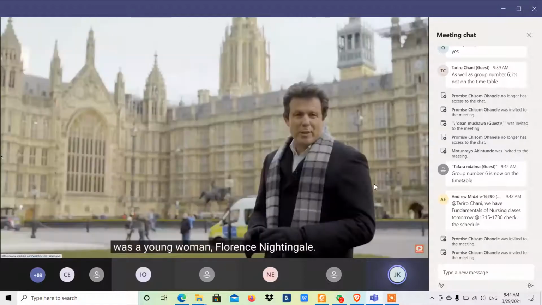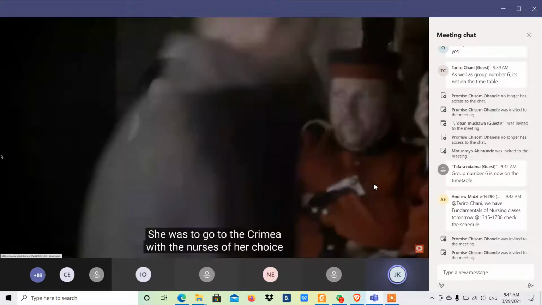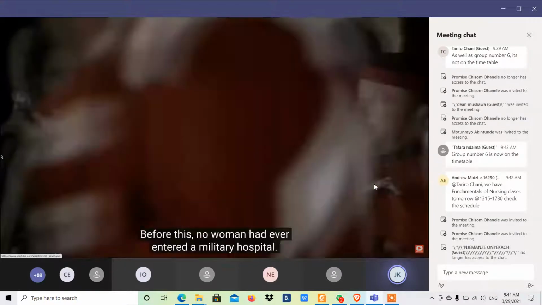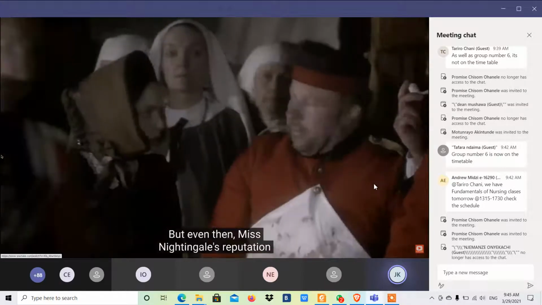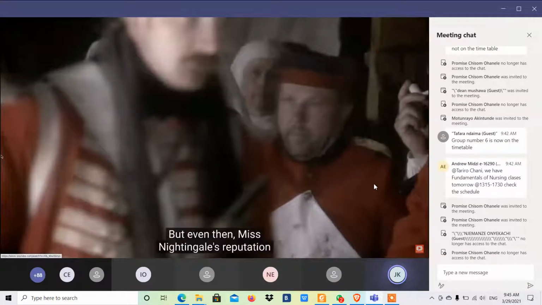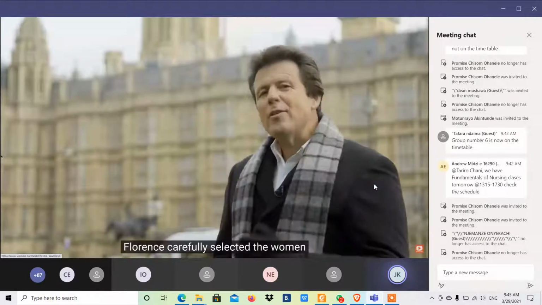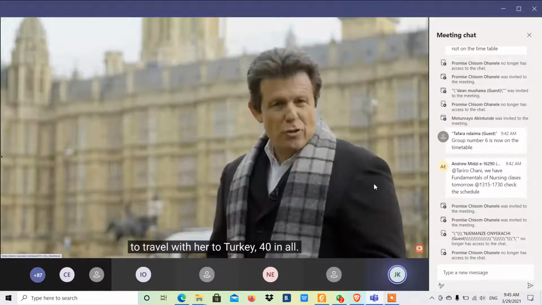She was to go to the Crimea with the nurses of her choice and with total authority over nursing in the hospitals. Before this, no woman had ever entered a military hospital. But even then, Miss Nightingale's reputation was already such that her appointment was applauded by the public. Florence carefully selected the women to travel with her to Turkey, 40 in all.